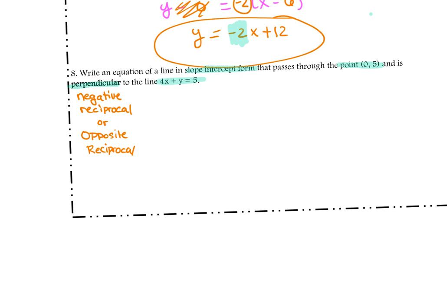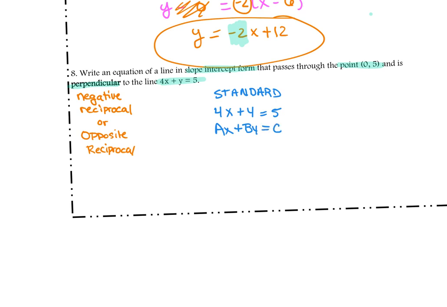So we need to find and identify our slope from this equation, but we are given the equation in standard form. All right, so this is in standard. There is a shortcut to figuring out how to find slope from a standard equation. What you have to do is remember that this is ax plus by equals c.